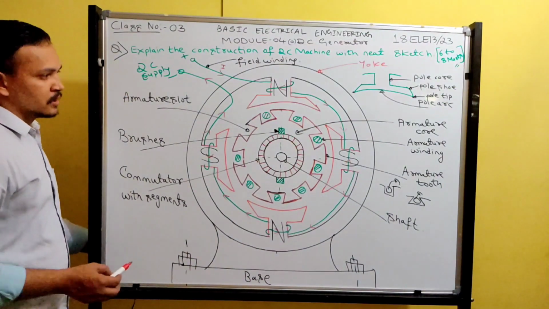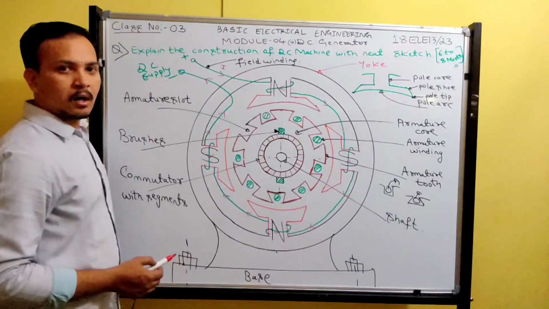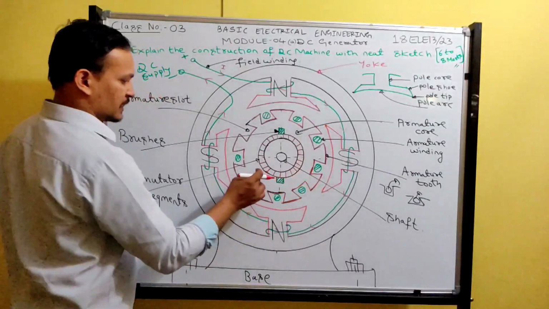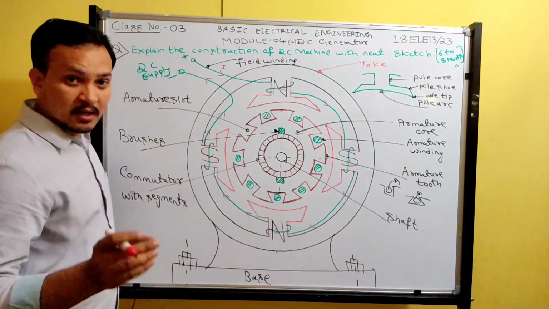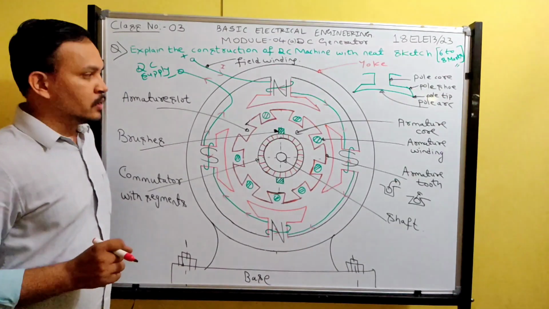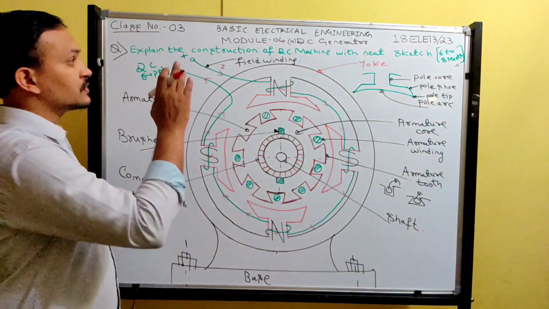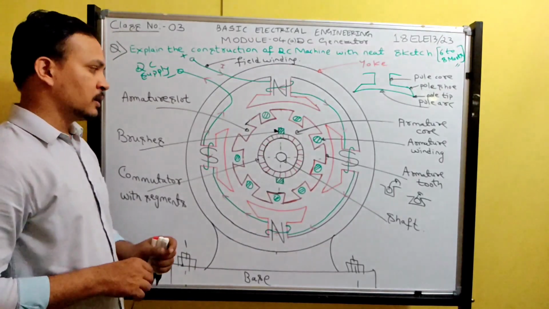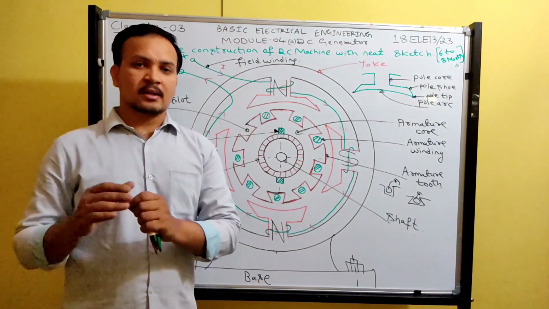And the next one is the commutator, or segments. See, there will be a number of segments. Generally, the commutator is nothing but a split ring. The major function of the commutator in the case of a generator is to convert the induced AC quantity into a unidirectional quantity.